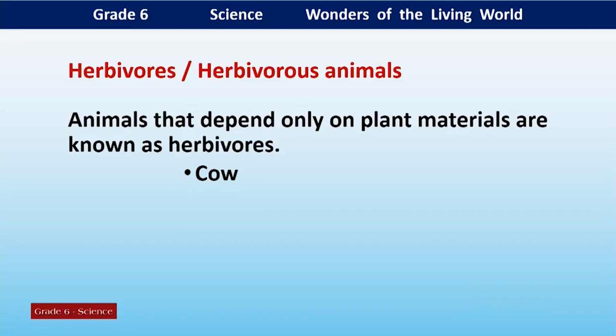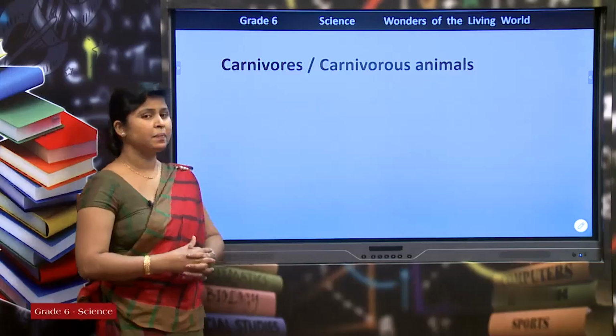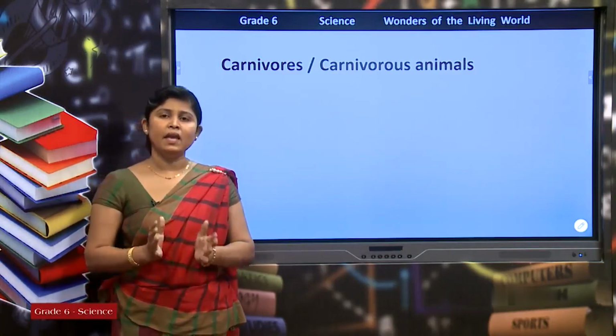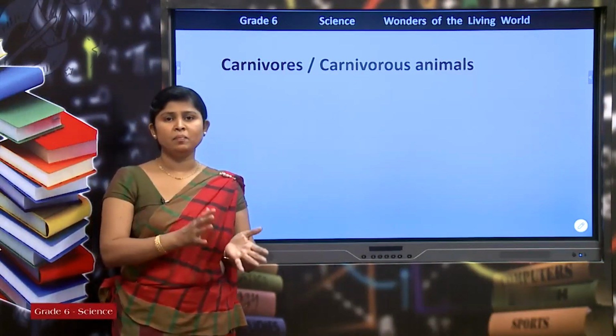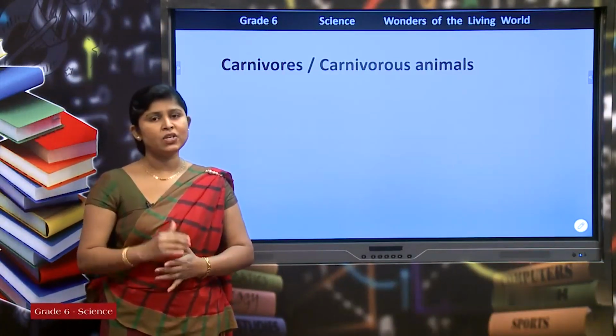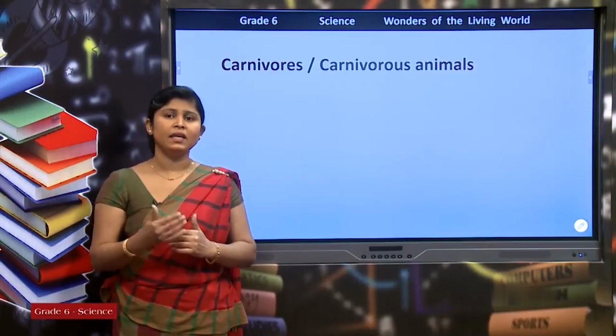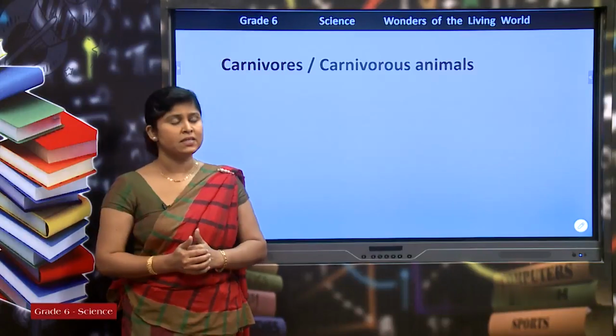Cow, elephant, goat, those are herbivores or herbivorous animals. Then carnivores or carnivorous animals mean the animals that depend on the flesh of other animals. Actually, we can say that they depend on the plants not directly, indirectly they depend on the plants.